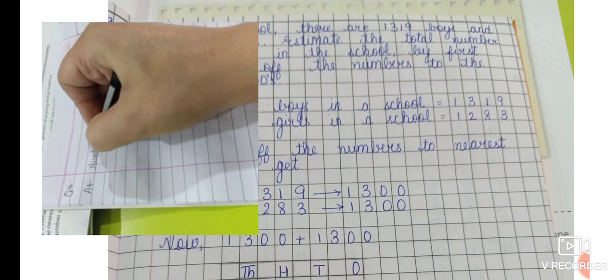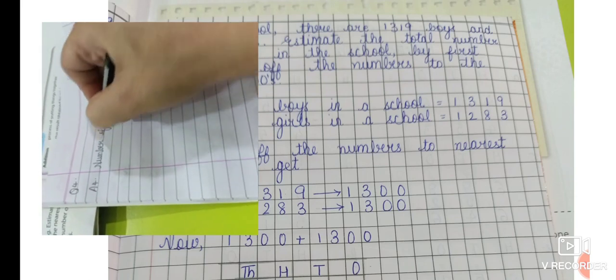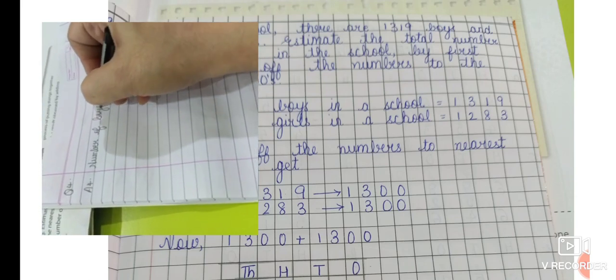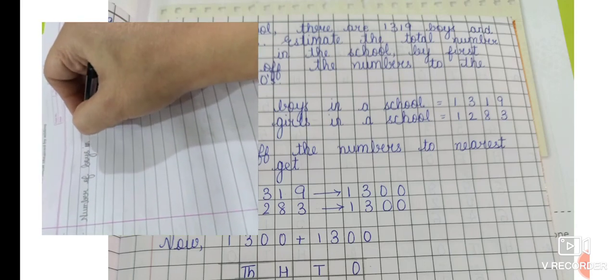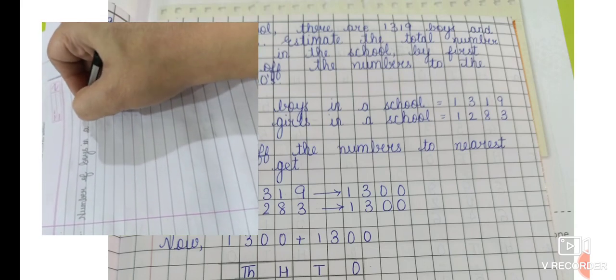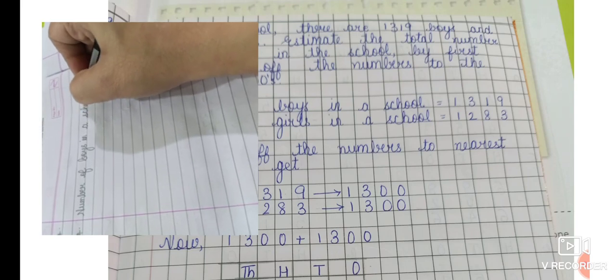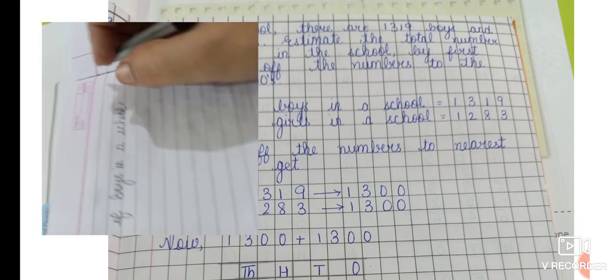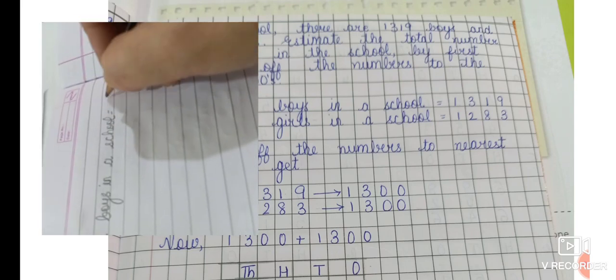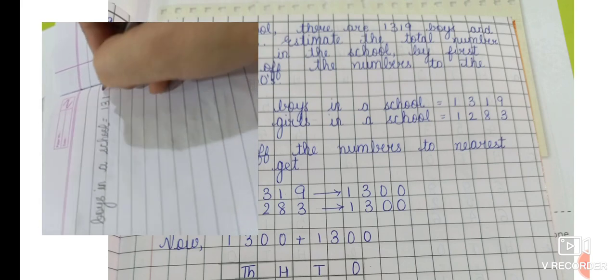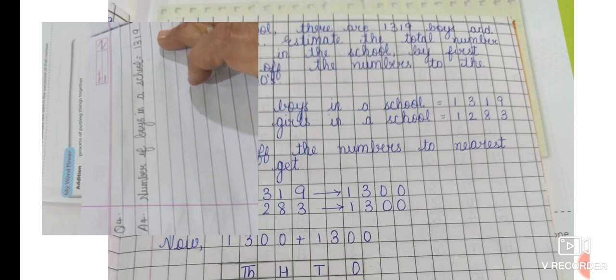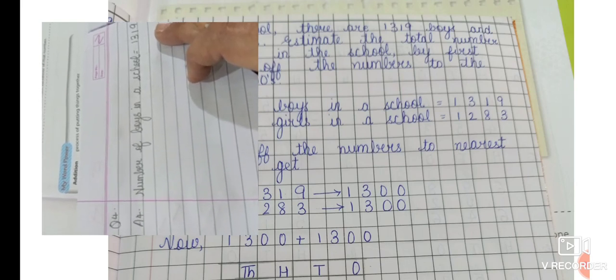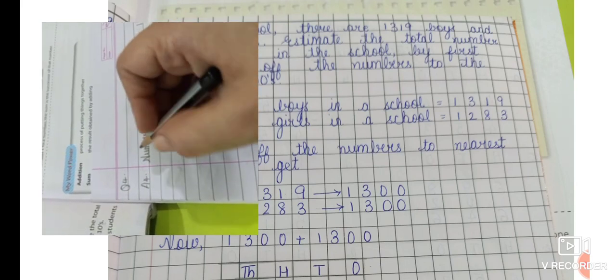Number of boys in a school. How many boys are there? 1,319 boys. Now how many girls are there?